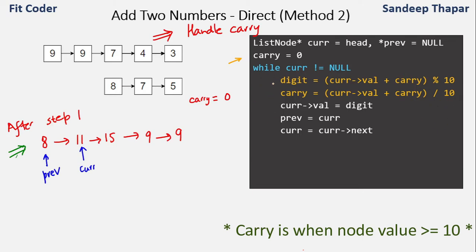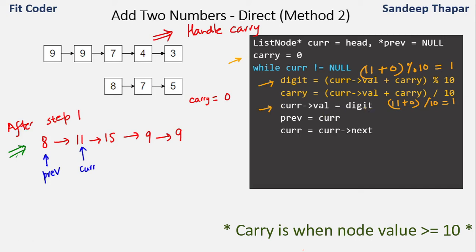So in the next iteration, we calculate the value of digit, which is current val 11 plus carry, which is 0. So it becomes 11 mod 10, which is 1. And the carry becomes 11 plus 0 by 10, which is again 1. In the next step, we replace the value of current with the digit.